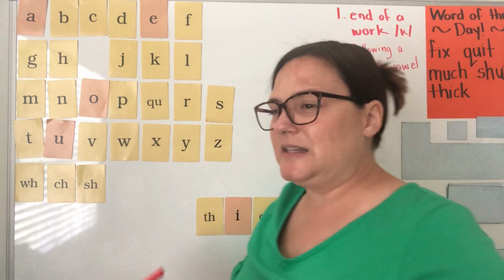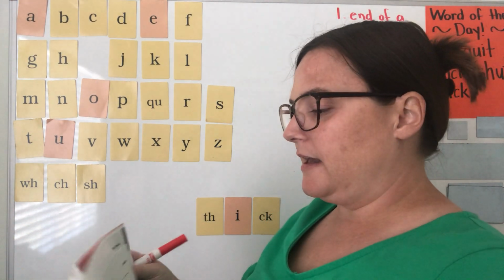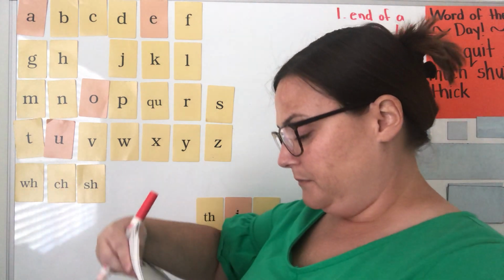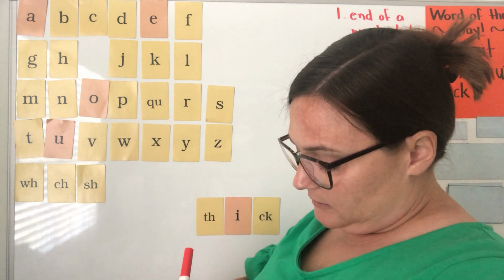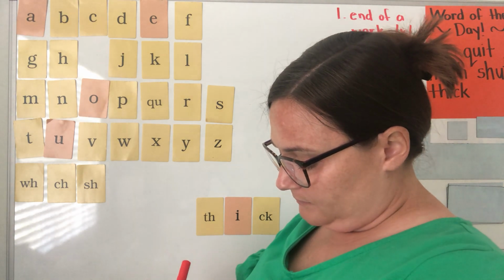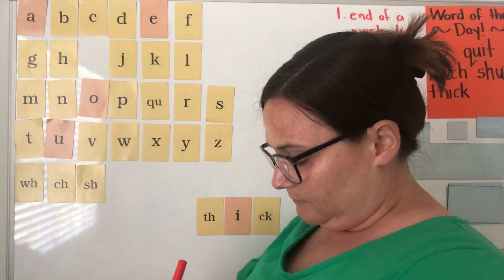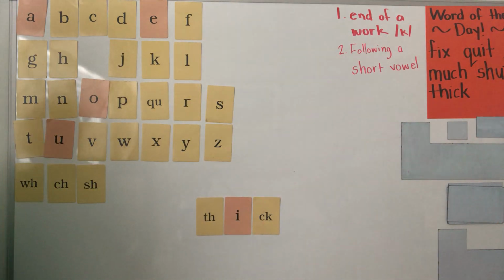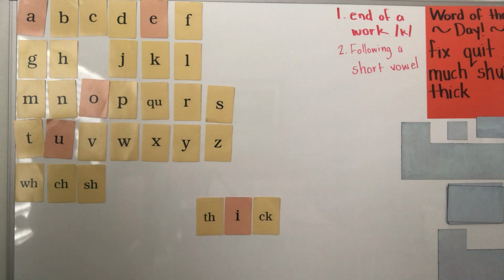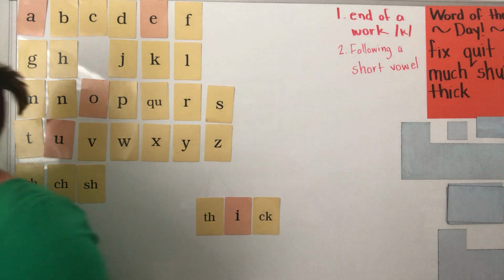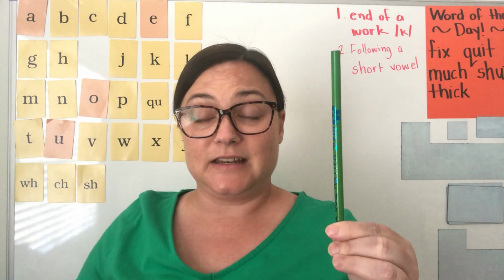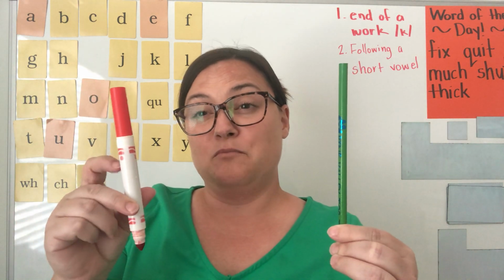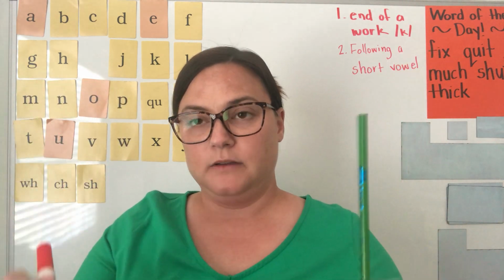Now, if we say something is thick, that means that it's kind of wide. It has a lot of space to it. Let me try to give you an example. This pencil is thin. This marker is thicker, okay? It's got more width to it, okay?